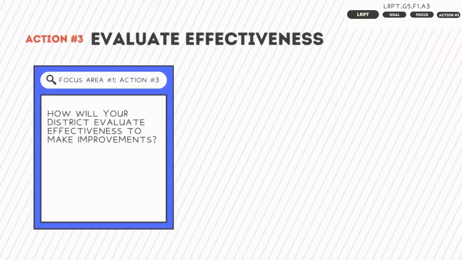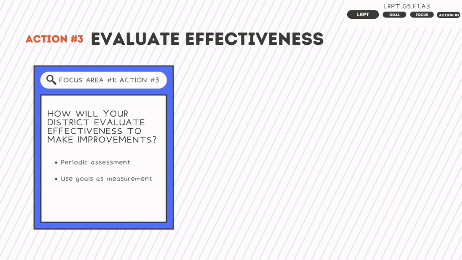Action number 3 in strategic planning is to evaluate effectiveness. We touched on this briefly in the previous action, but since this is a vital part of strategic planning, let's revisit before looking at the outcomes. You brainstormed measurable checkpoints and LEA-specific goals.